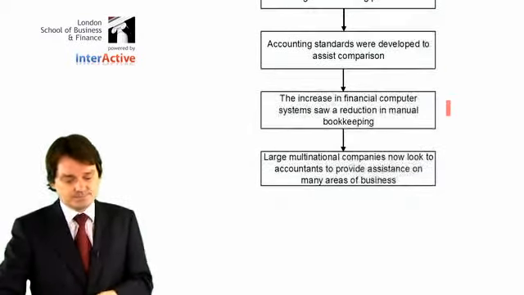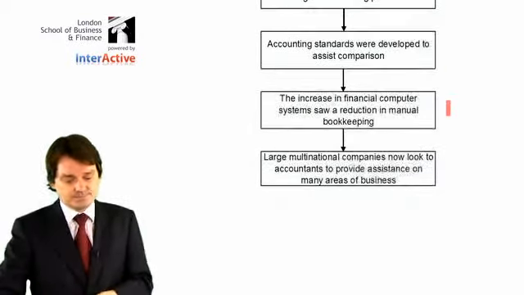So, accounting standards, you can see there, were developed to assist comparisons. Before the days of accounting standards, you could do whatever you liked. So going back 100 years, say I would be interested in buying some shares in 2 different manufacturing companies, and I was trying to decide which one was best. One company depreciated its machinery, and the other company didn't.